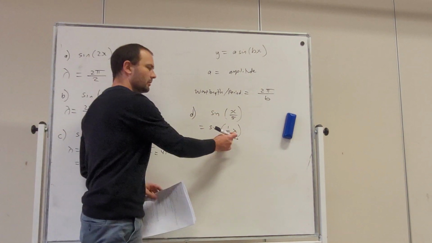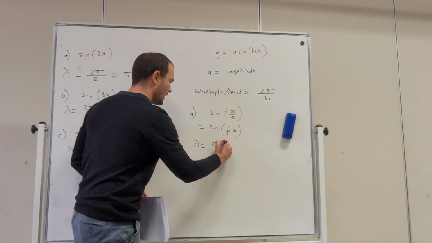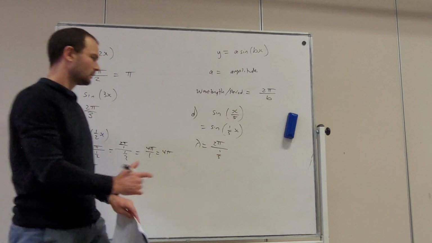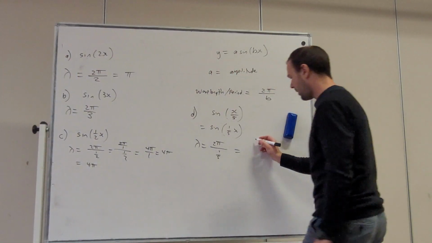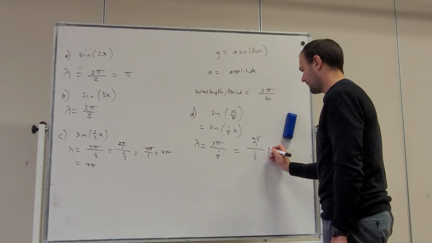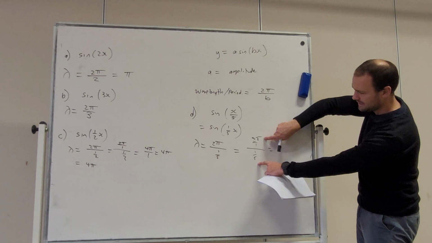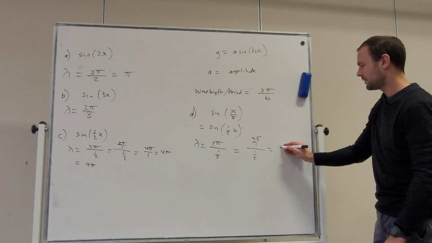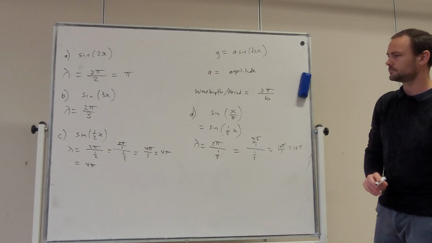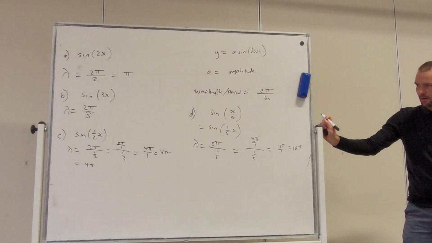And so now the B value is very apparent. What is the wavelength? 2 pi divided by 1 on 5. Well, 2 pi at the top is 2 pi on top of 1, and at the bottom, 1 on 5. And then A times D, 2 pi times 5 is 10 pi, on top of 1, 10 pi. So this has a large wavelength of 10 pi.